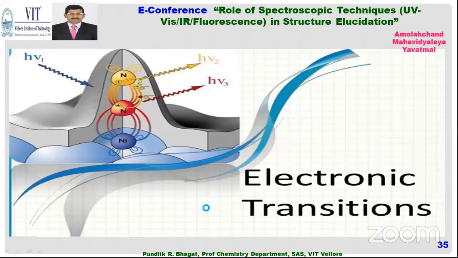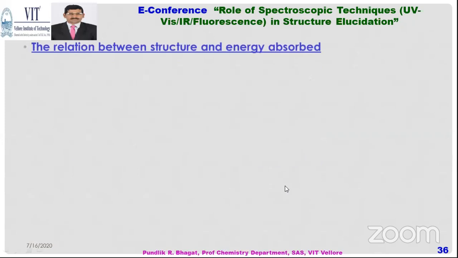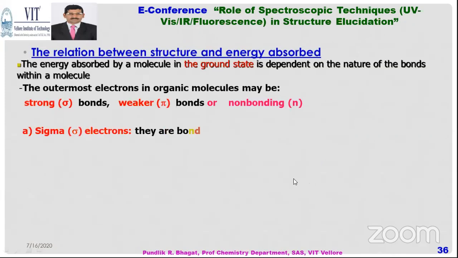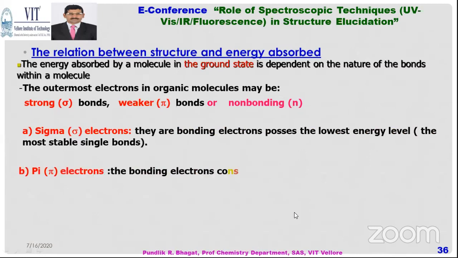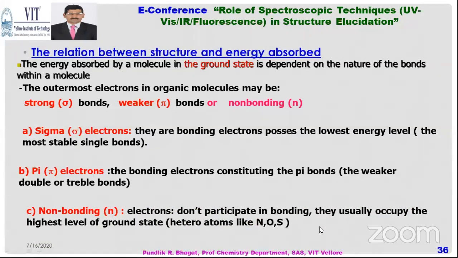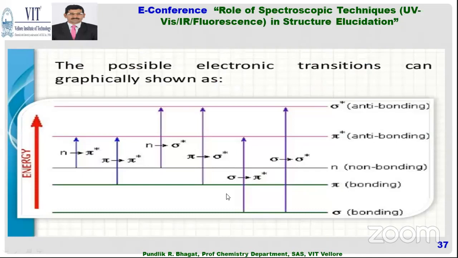So electronic transitions depend on the type of bonding present. So a molecule may contain sigma bonds or pi bonds, or it may contain some non-bonding electrons, like chromophores, which may contain unpaired electrons not participating in bond formation. So of course sigma bond is very strong compared to pi and non-bonding electrons, which are participating in excitation of the electrons.